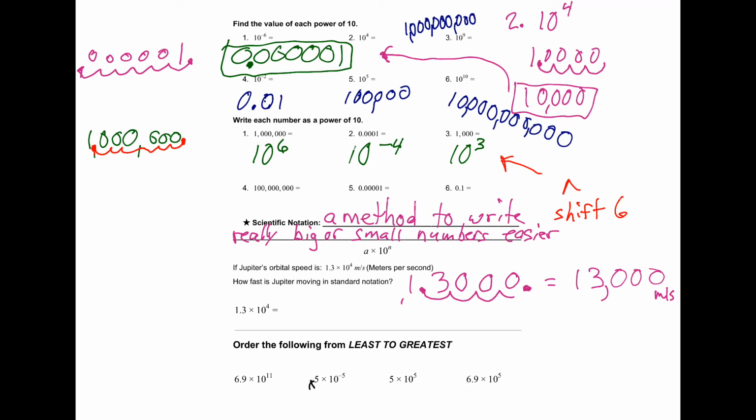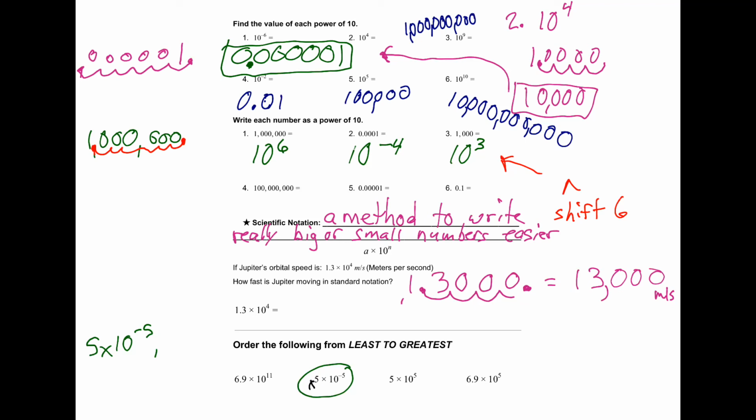The smallest one is going to be the most negative exponent possible. So since there's only one negative exponent, this one should scream out at you as the least. So we're going to put 5 times 10 to the -5th as our least.